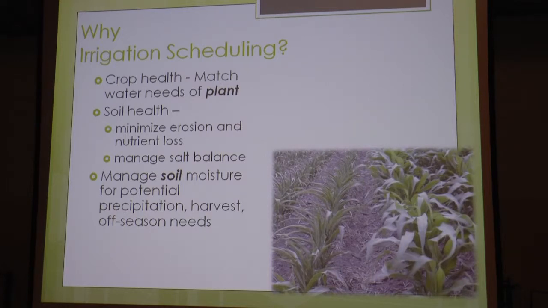So if you can cut 1 or 2 irrigations out by better scheduling, you're going to keep more soil and nutrients on the field. Manage your salt balance. That can be pretty important on both sides of the hill where we have significant salinity in our water and our soil. And obviously manage soil moisture for any potential precipitation you might have predicted, harvest in terms of forage and alfalfa and things like that, and off-season needs.